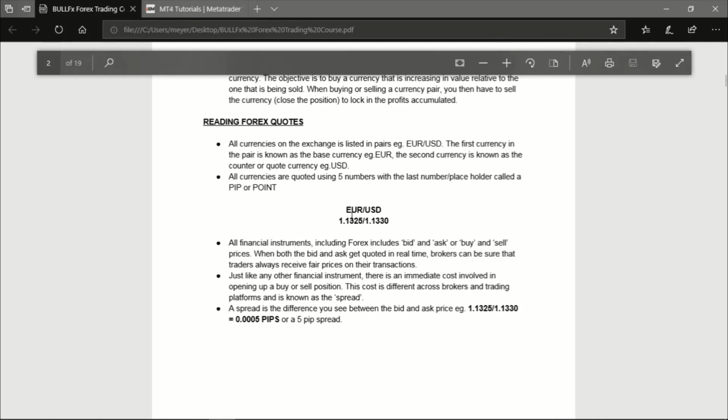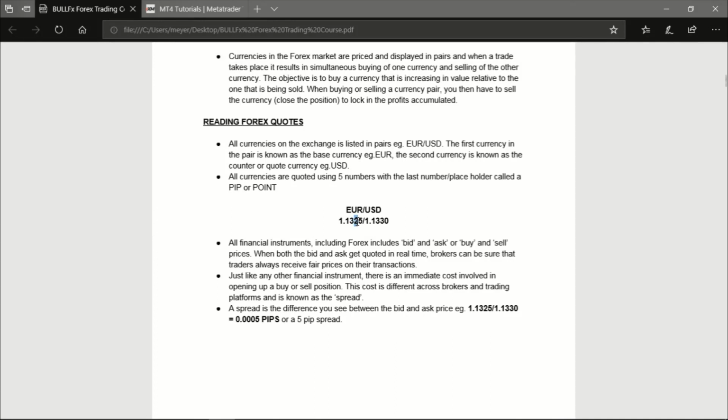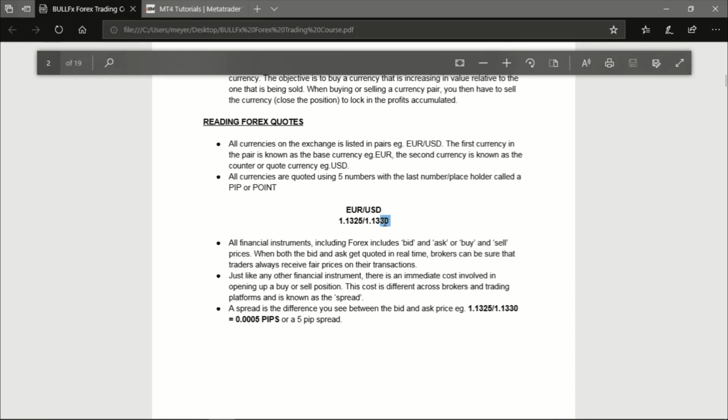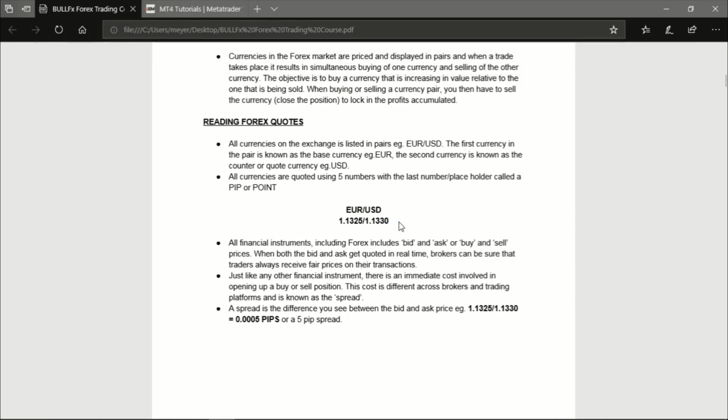So as you see here with the example of Euro USD, we've got 1.1325, and then we've got 1.1330. You can see the difference between these two values is 5 pips, because we've got 25 at the end over there, and we've got 30 on this side. The difference between 25 and 30 is 5, so that would equal 5 pips.